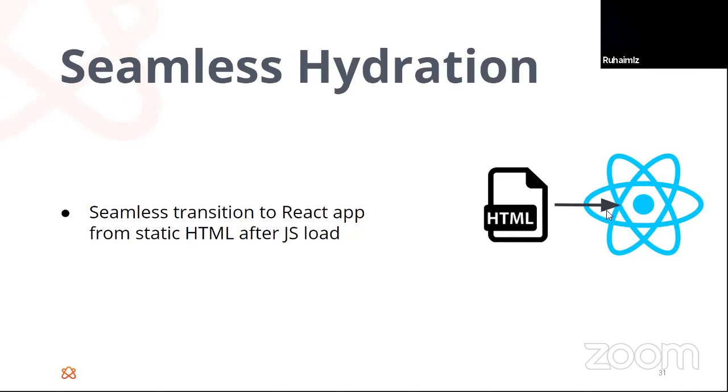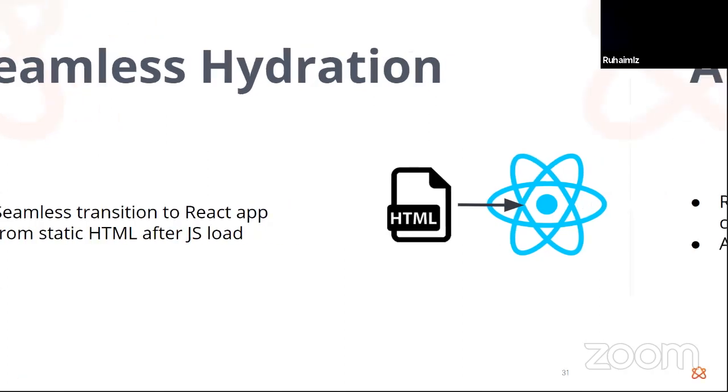What Next.js does is it takes the React application, looks at whatever is already on the DOM, and does an integration that is called hydration in React terms, which converts the statically rendered application into a React compatible version. That too is done automatically, so you don't need to think much about it.